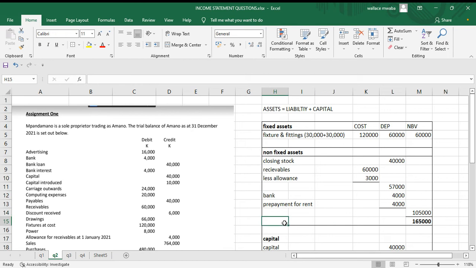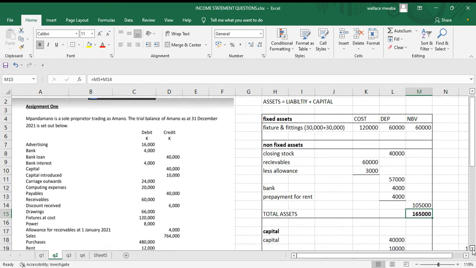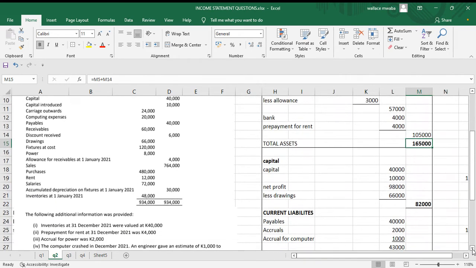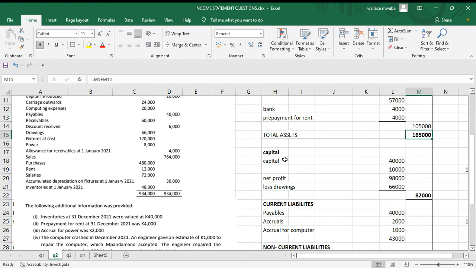Now our total assets, which incorporate our fixed and non-fixed assets: we add our fixed assets 60,000 plus 105,000, we get 165,000.